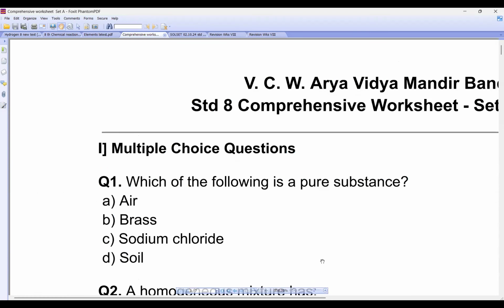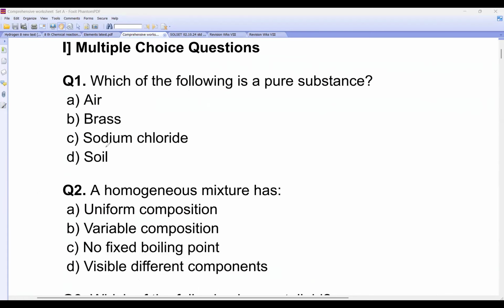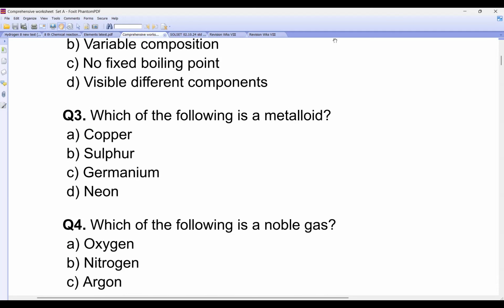What is here in this? Which of the following substances is pure? Come on. NaCl. A homogeneous mixture has uniform composition. Which of the following is a metalloid? Germanium. Which of the following is a noble gas?